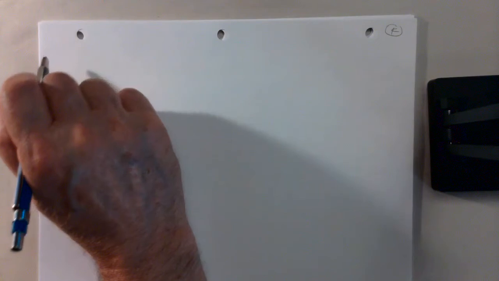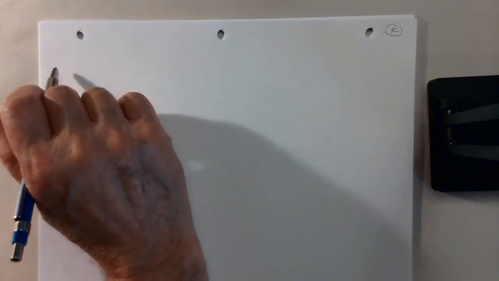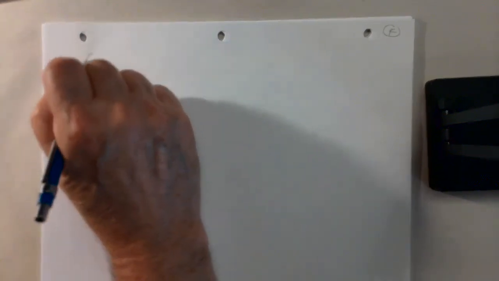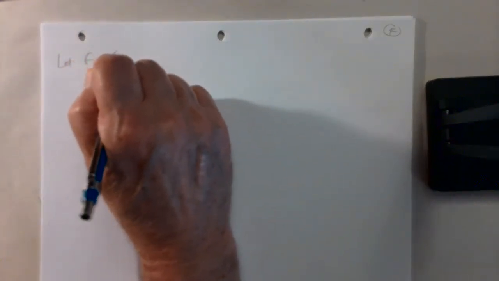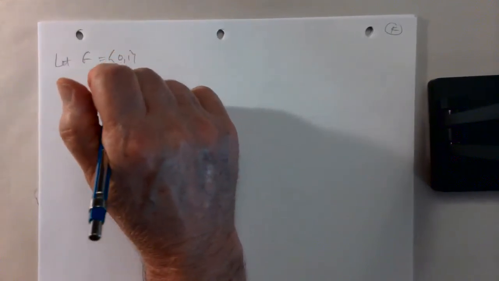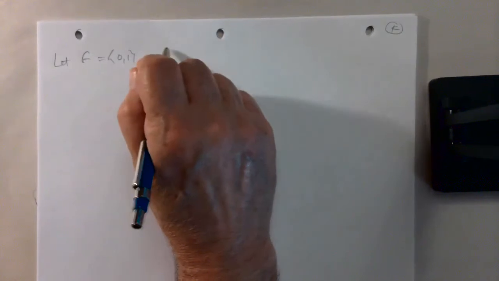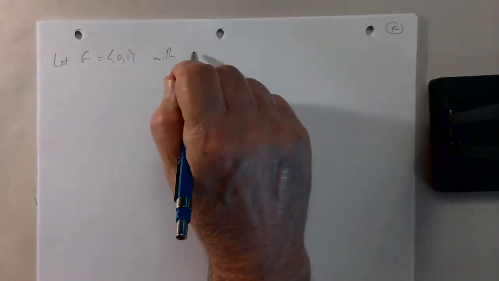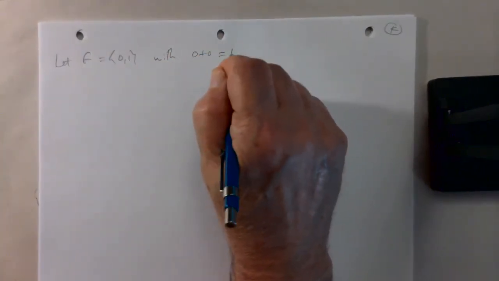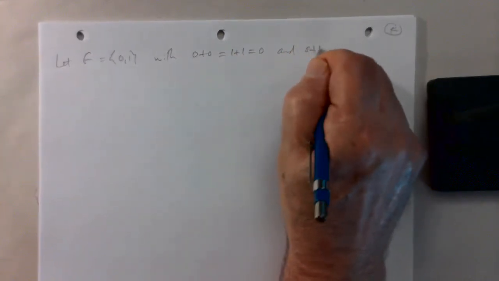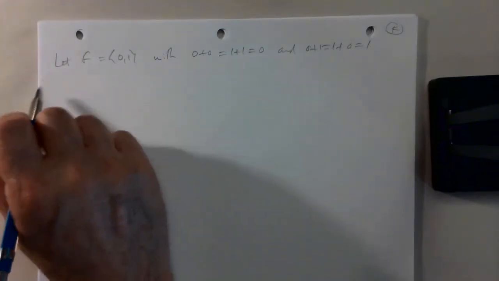Suppose we take a set consisting of just two numbers or two symbols, 0 and 1, under addition. And the addition rule is 0 plus 0 and 1 plus 1 equals 0. And 0 plus 1 and 1 plus 0 equals 1.